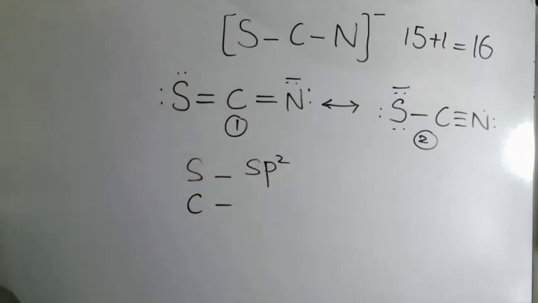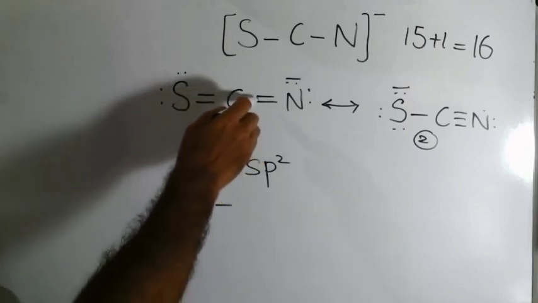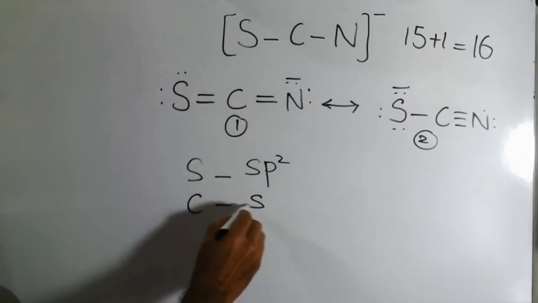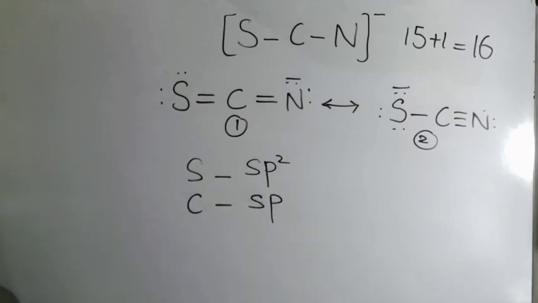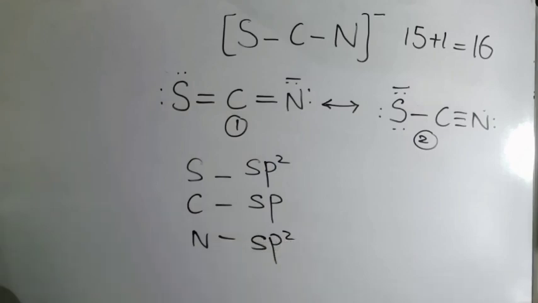When we come to carbon, 2 sigma bonds, we don't consider the pi bonds. So 2 sigma bonds require 2 hybridized orbitals, so we can use sp hybridization. When we come to nitrogen, 2 lone pairs and 1 sigma bond mean sp2 hybridization.